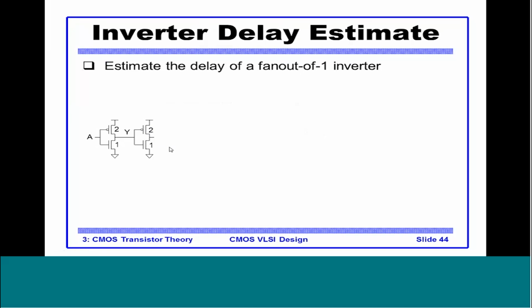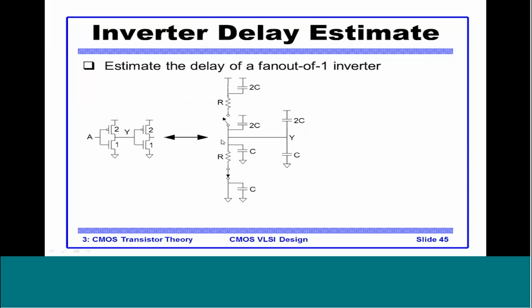So we convert this into an RC delay model. Since NMOS width is 1, all the NMOS capacitances will be C. The PMOS width is 2, so all the capacitances will be 2C. The R of NMOS and PMOS would be the same, because PMOS is twice as resistive as NMOS, and since it has width of 2, the resistance becomes R.